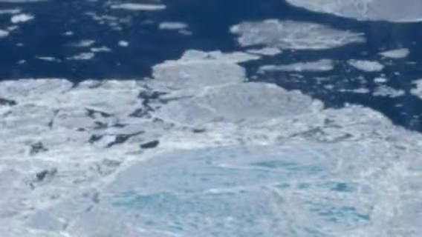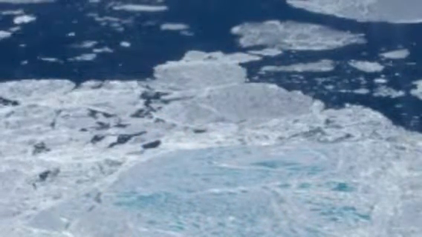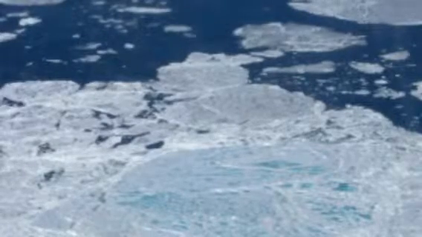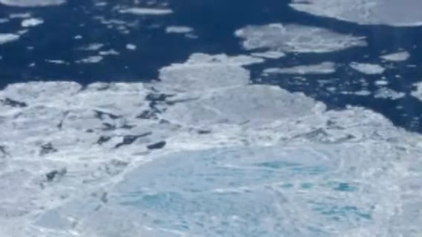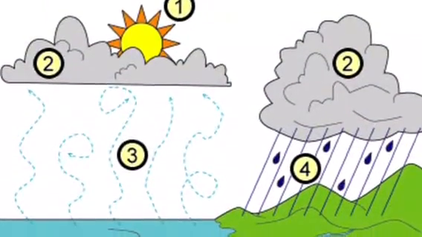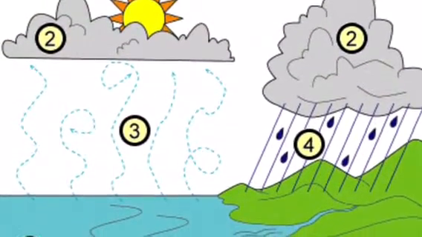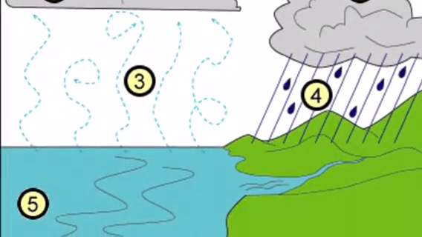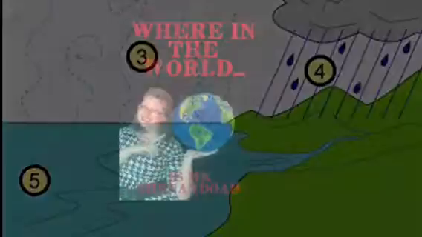The Earth also has fresh water or non-salt water. The majority of the fresh water on Earth is frozen and can be found at the North and South poles. All the water on Earth moves and goes through a cycle. This cycle carries water from the atmosphere to the ground and back into the atmosphere.